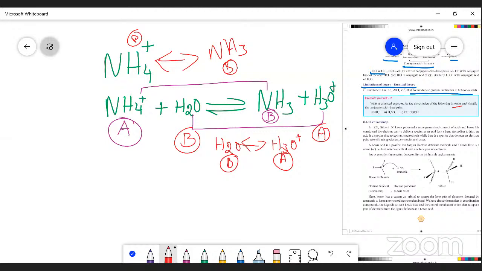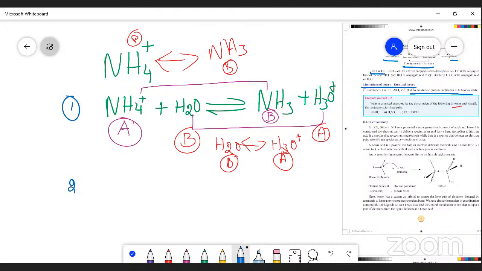Ammonia and a hydronium ion, H3O plus. This is a completely balanced reaction. I am mentioning the conjugate acid base. Like this, you can write that for the others.